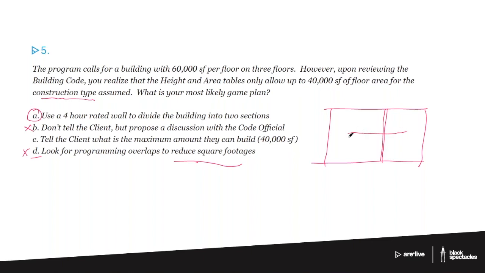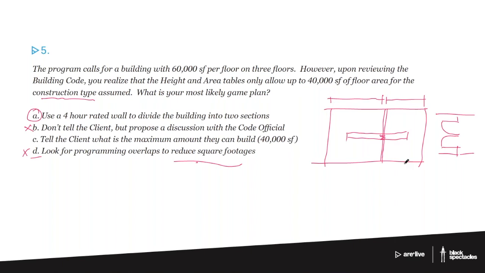Now, I might have a corridor that goes right through it, and I can have that be open with doors, and those doors can be on hold opens, so they just sit up against the wall, if you will, and they just sit open, so anybody who's in the building may not even realize that it has technically become 2 buildings. So from a code standpoint, this is now 2 buildings, but from the use standpoint, it's still 1 building.